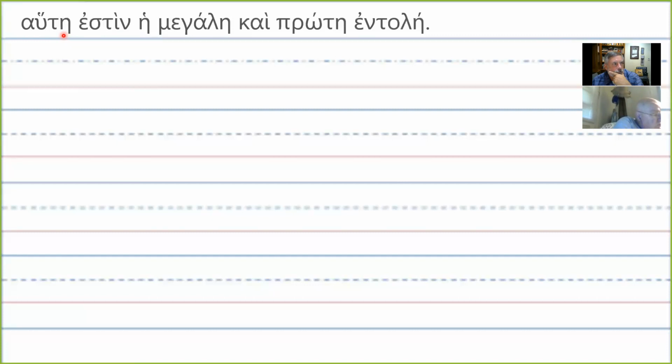I just noticed a mistake I'm correcting. Is it nominative, genitive, dative, or plural? Which word? Haute. Eta stem ending, no case ending. It would be nominative. Very good, nominative.